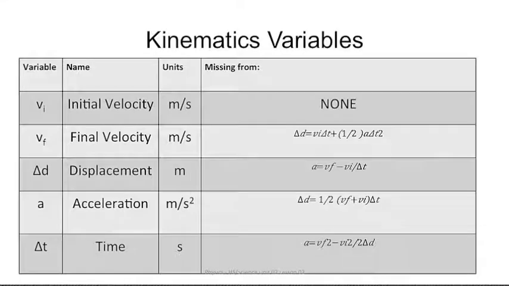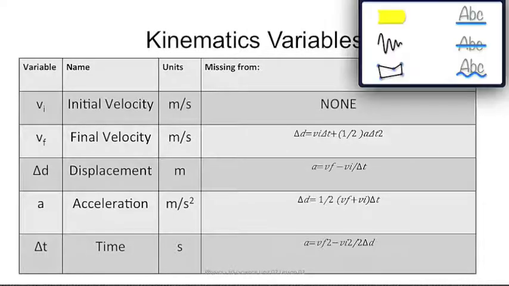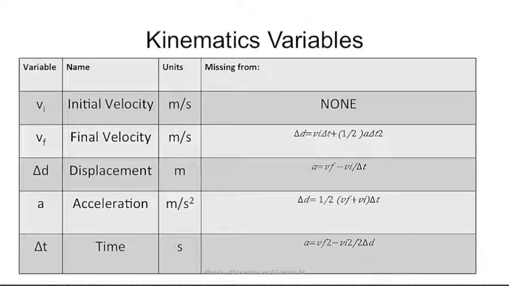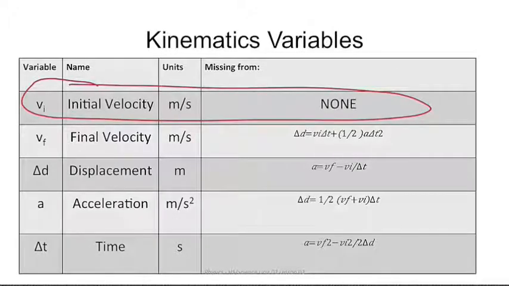Like we say here, each equation is missing one variable, and you see that in this chart right here. This chart is really something that you should know. If you look, the only variable that isn't missing from an equation is initial velocity. If you don't have initial velocity, you have to calculate it. That's a key. If you're missing initial velocity and it's asking for initial velocity, obviously you solve for it. But if it's asking for something else, you're going to have to solve for initial velocity first.